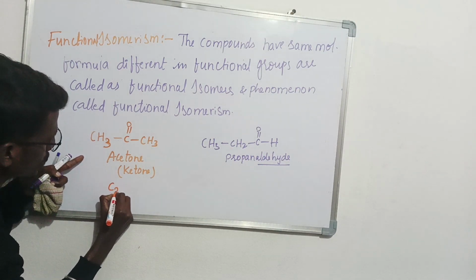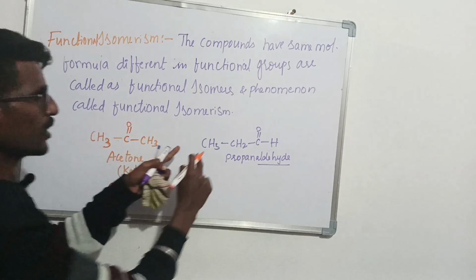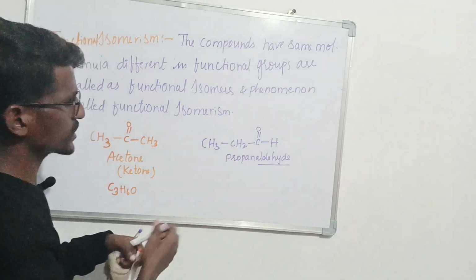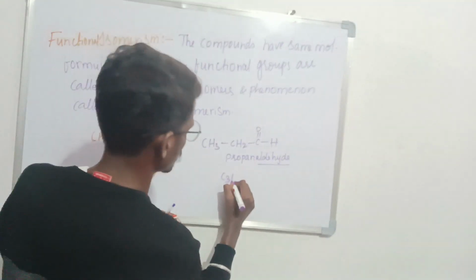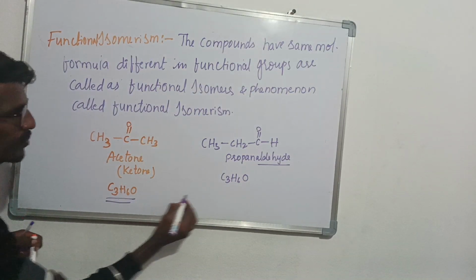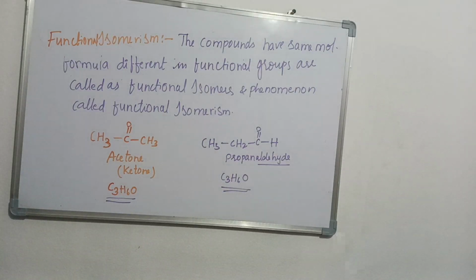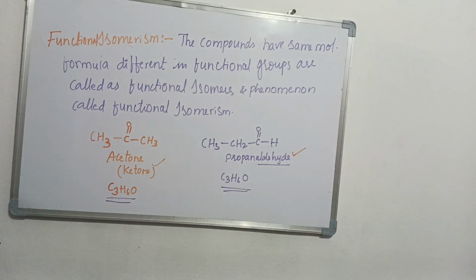C3H6O. C3, 3 plus 2 is 5, plus 1 is 6, so C3H6O. Same molecular formula, different functional group: in one a ketone group is present, in the other an aldehyde group. Hence they are isomers of each other, and the phenomenon is called functional isomerism.